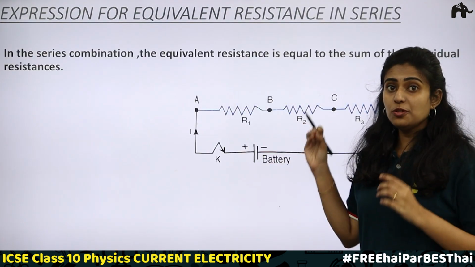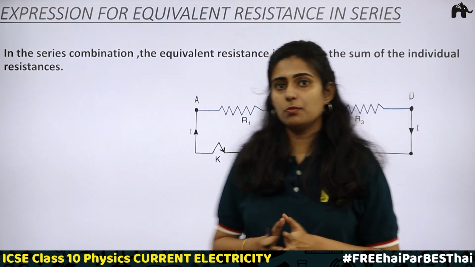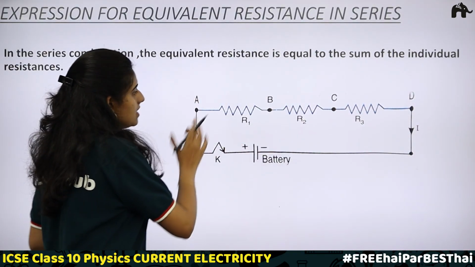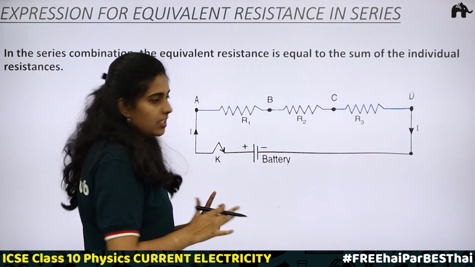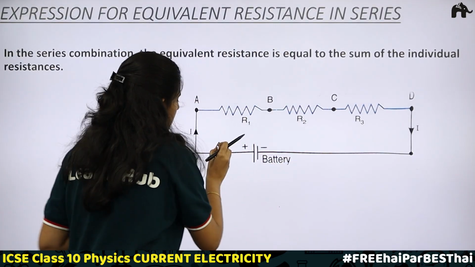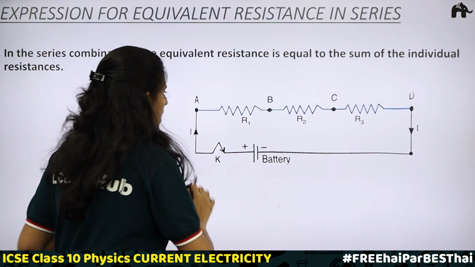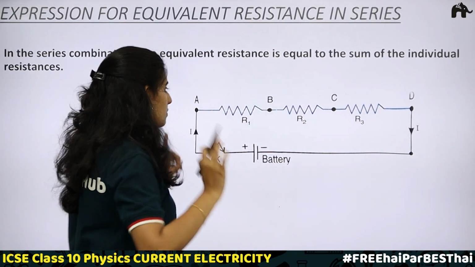Now let's see how to find the equivalent resistance in case of series combination of resistors. Here you can see three resistors connected in series across a battery. Here we have the potential difference, and current flows through the circuit when the key is plugged in. Now what happens? The same current flows through all three resistors. What about potential difference?